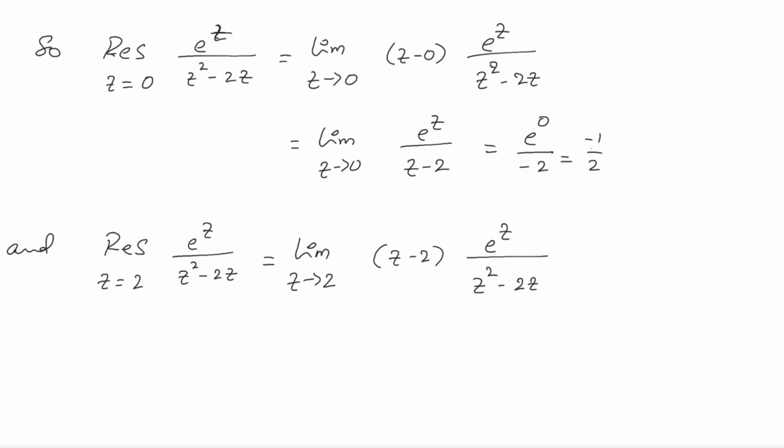So in total we get limit z tending to 2 of e to the power of z divided by z. Hence we get this value as e square divided by 2. This is the residue of the function at the point z equal to 2.